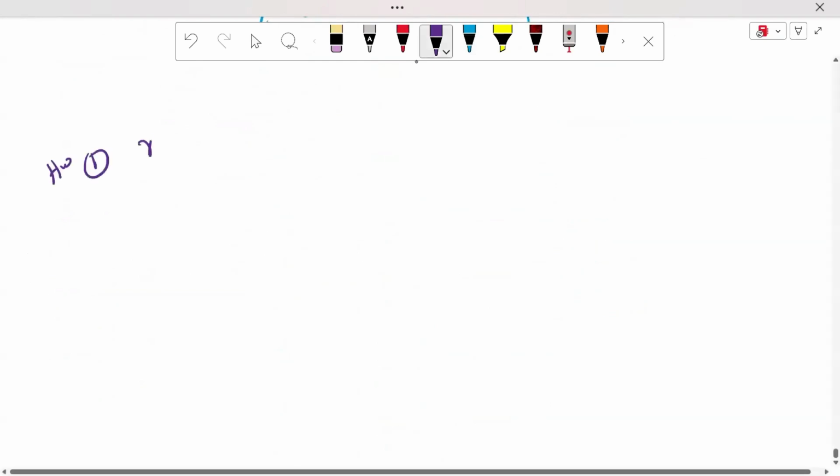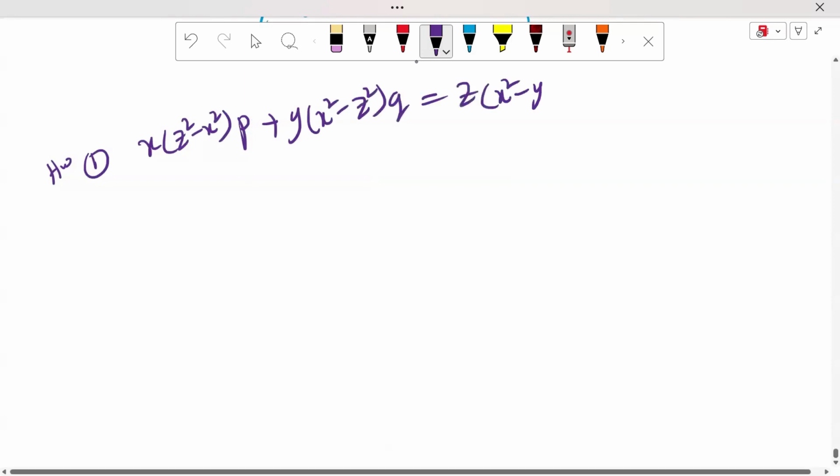Homework 1: x into z square minus x square into p plus y into x square minus z square into q is equal to z into x square minus y square, sir. It is Pp plus Qq form, sir.